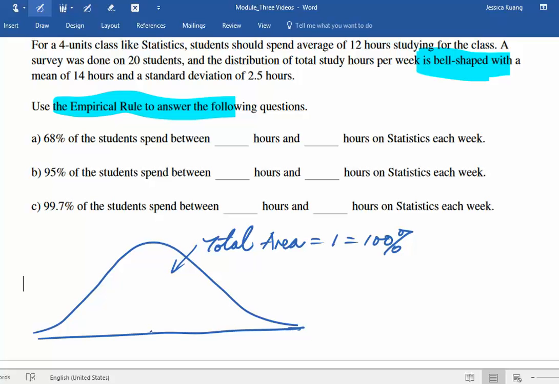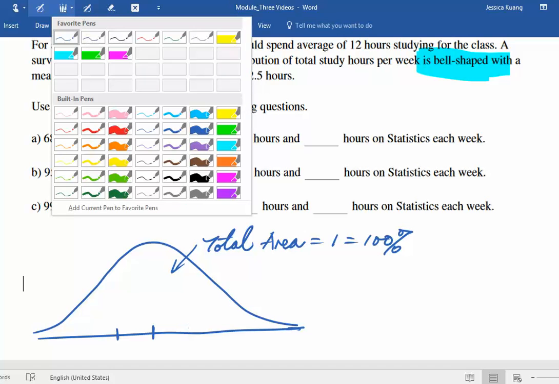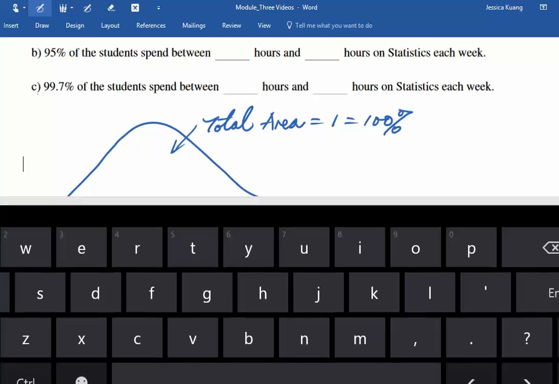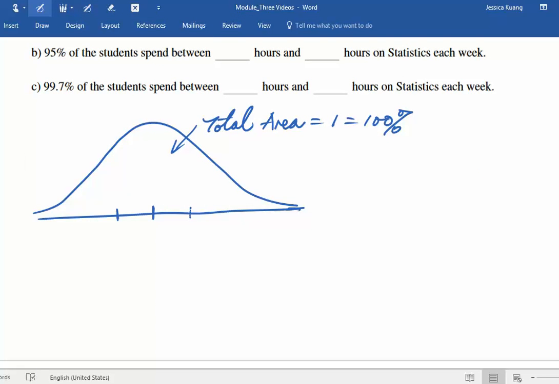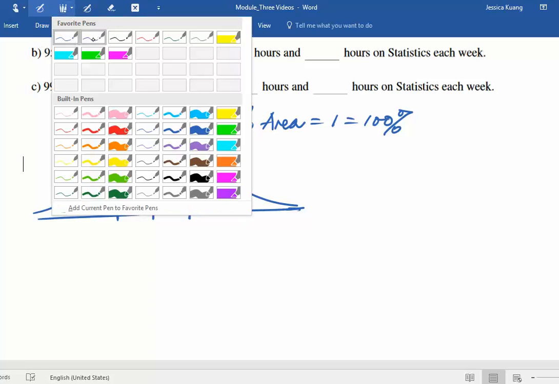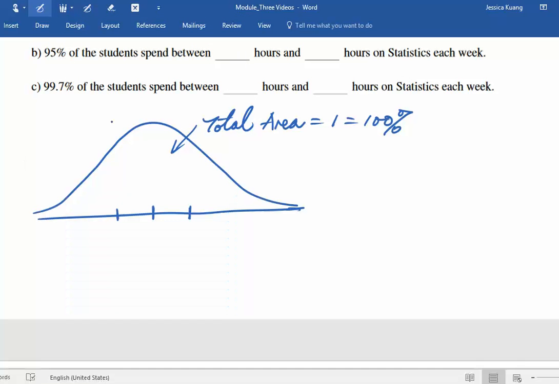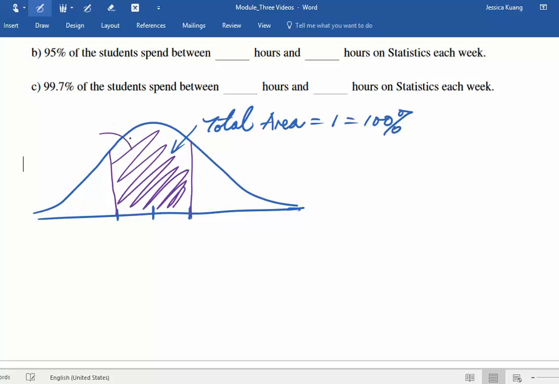And also we know that if this is the mean, and this is one standard deviation to the left and this is one standard deviation to the right, I'm going to use a different color, then this area within one standard deviation covers 68% of the entire region.